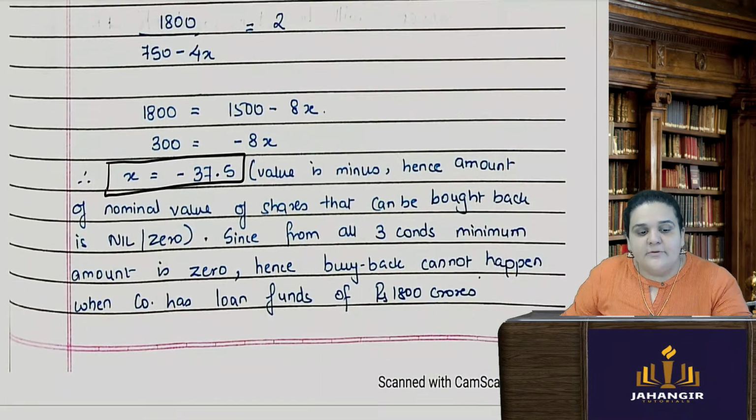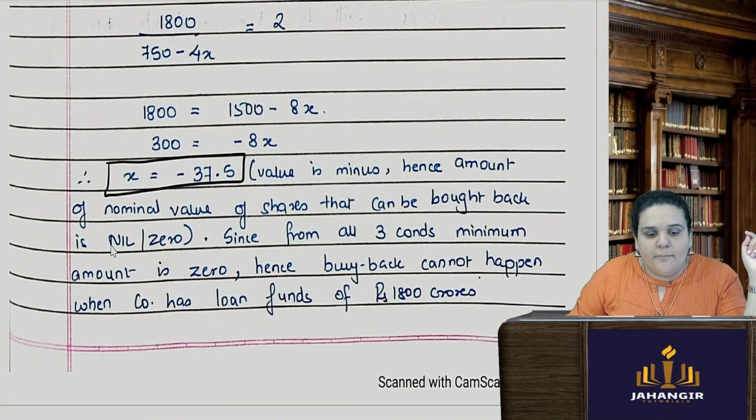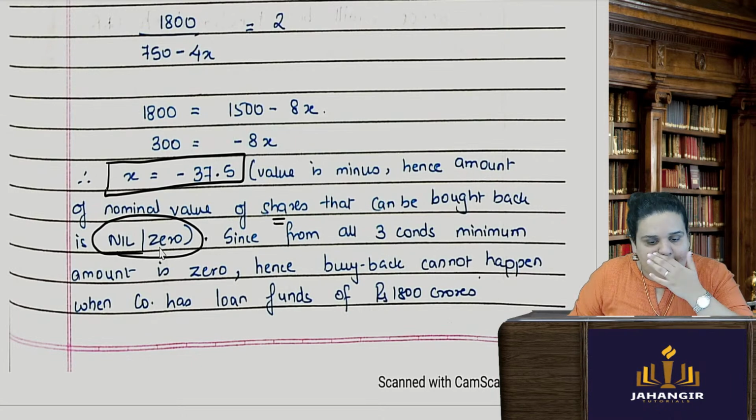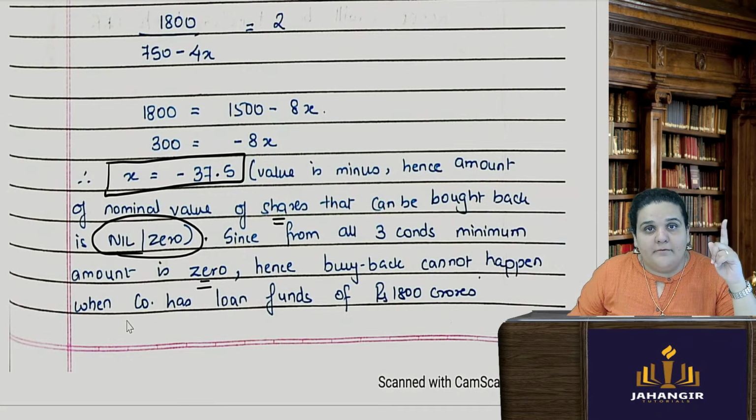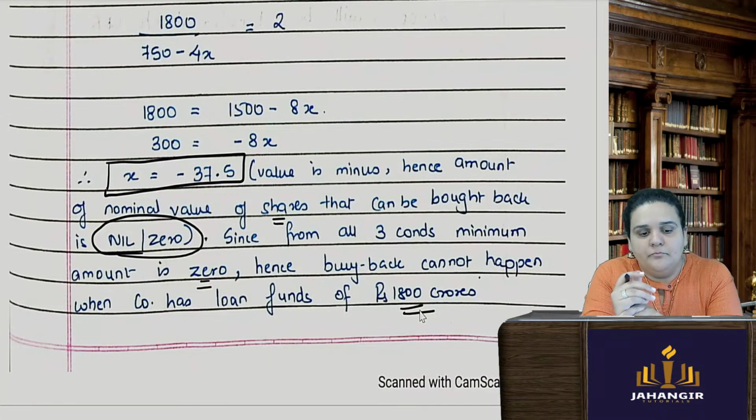So since the value is minus, the nominal value of the shares that can be bought back is nil or 0. You cannot do the buyback. Since from all the three conditions the minimum amount is 0, the buyback cannot happen when the company's loan funds are 1800 crores.